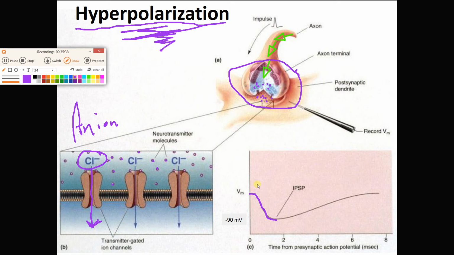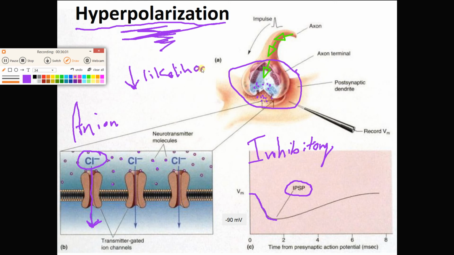And this hyperpolarization is referred to as an inhibitory postsynaptic potential. So last time we had an excitatory postsynaptic potential. This was inhibitory because it decreases the likelihood that this neuron that received the signal is going to send a signal of its own.